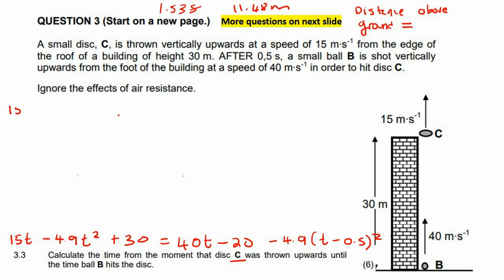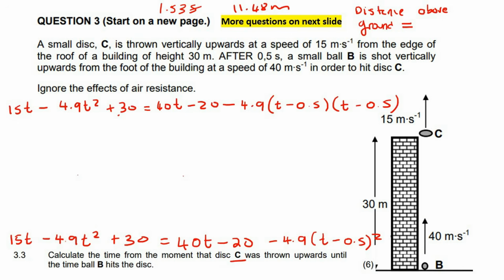Okay, so let's simplify this a little bit further. 40t minus 20 minus. Now don't multiply the 4.9 into the bracket. You have to first get rid of these. Got to first do the double bracket. So it's t minus 0.5, t minus 0.5. Now, just to save us a bit of space, I'm going to work this out quickly.